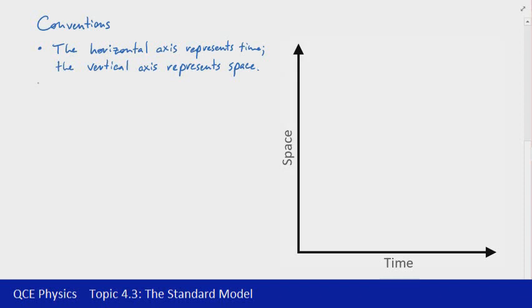The second is that particles are represented by straight line arrows. So that means that we're going to have a straight line with an arrow on it to indicate the particle, and importantly the arrow is in the direction of time.